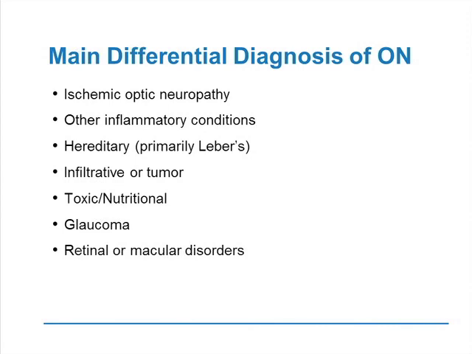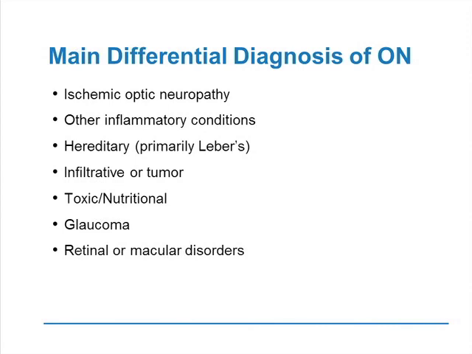Hereditary conditions, including Leber's hereditary optic neuropathy, can cause bilateral or unilateral monocular vision loss. It's usually painless, not painful. Infiltrative lesions or tumors of the optic nerve or compressing the optic nerve can cause similar findings.